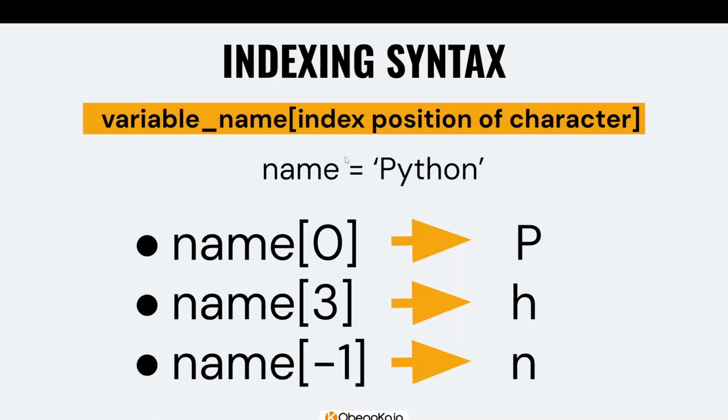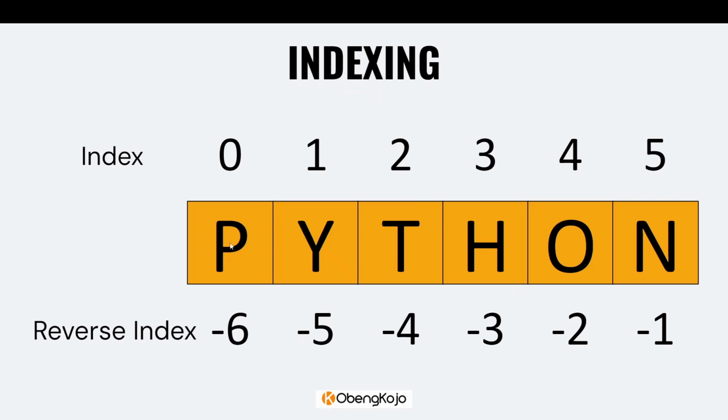And a typical example: let's assume that we create a variable called name and then we assign these characters, Python, and because of the single quote, we know it's a string. Now if you want to access just the very first character, that is the capital P, all you have to do is call the variable name, which is name, then open a square bracket and place the index position, which is 0. If we come back here, we realize that the index position for P, the very first one, is 0.